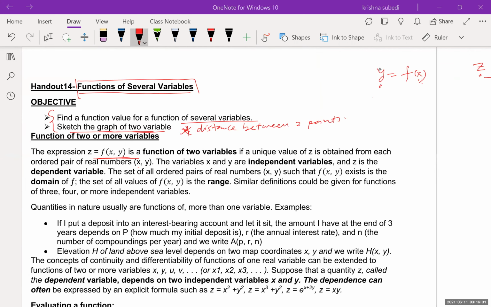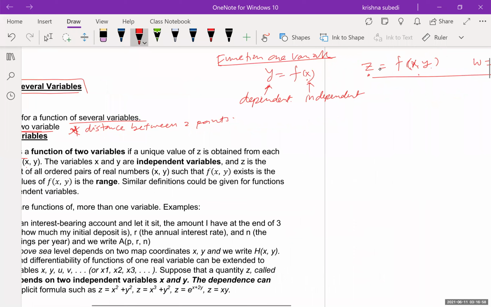Again, this is a function of one variable. x is your independent variable, and y is called the dependent variable. We know that.